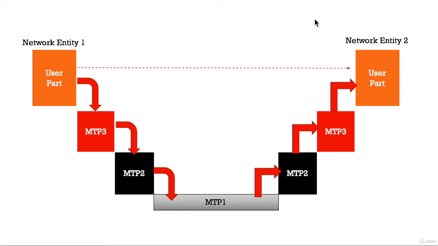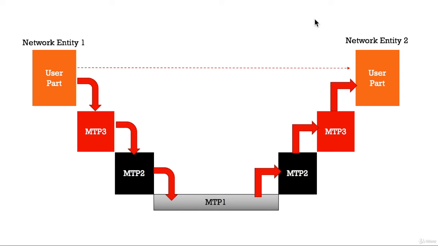Now, the MTP2 layer is similar to the link layer in the OSI model. In the OSI model, the link layer is mainly concerned with transmission of data in frames, along with some kind of error checking, to basically do the verification of each packet before handing over to the top layer.